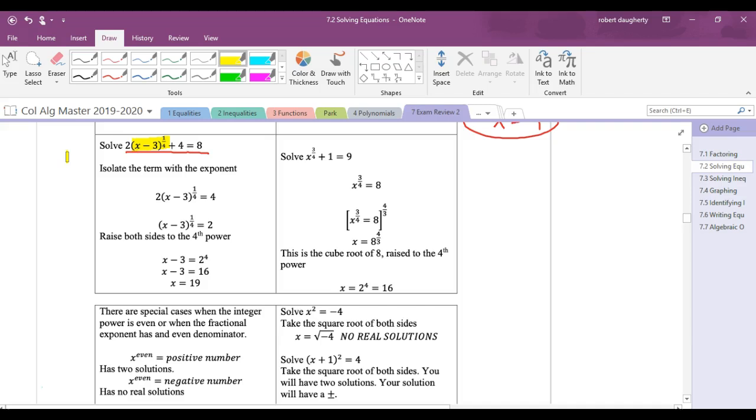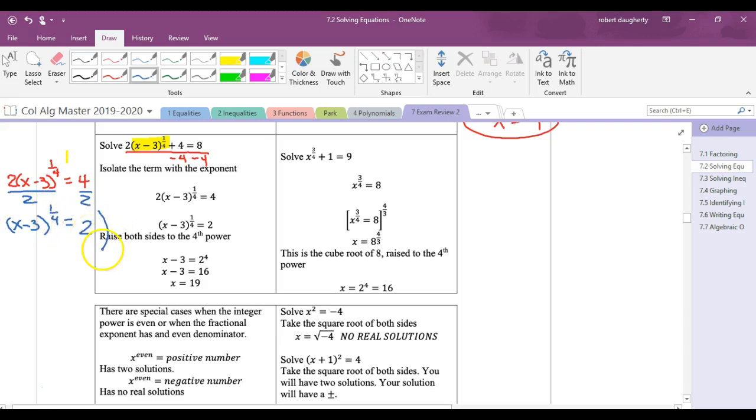The way I'm going to get that to happen, first of all, let's subtract 4 from both sides. So I get 2 times x minus 3 to the 1/4 is equal to 4. Now to get it by itself, I need to divide both sides by 2. And I get x minus 3 to the 1/4 equals 2.